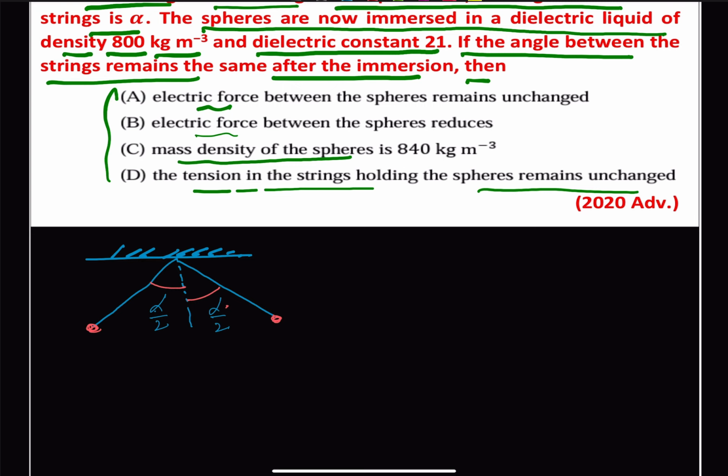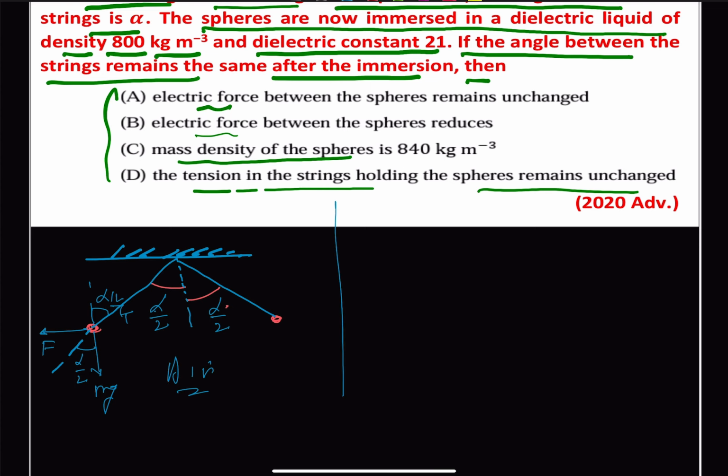Obviously there will be a force of repulsion, that is our force F. In the downward direction we are going to have our mg and there will be tension T along the string. And this angle will also be alpha by 2. And this is our case in air.